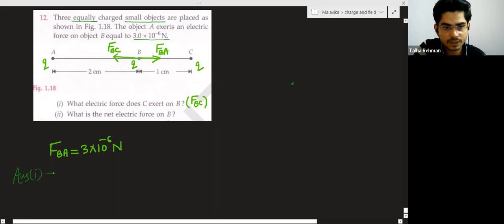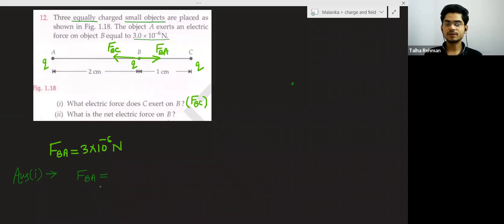For the first part, we are given FBA equal to 3 into 10 to the power minus 6. If I want to calculate FBA, I have already told you there is another approach to solve numericals. Numerical means analytical thinking, breaking down the problems into parts.